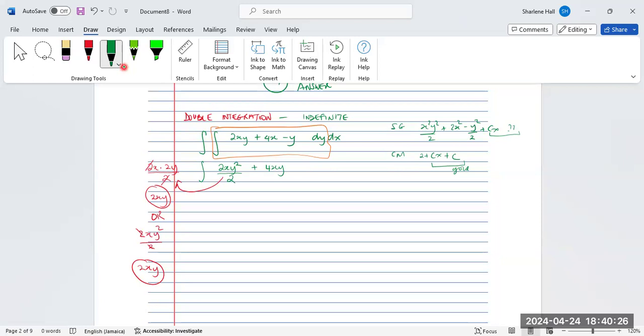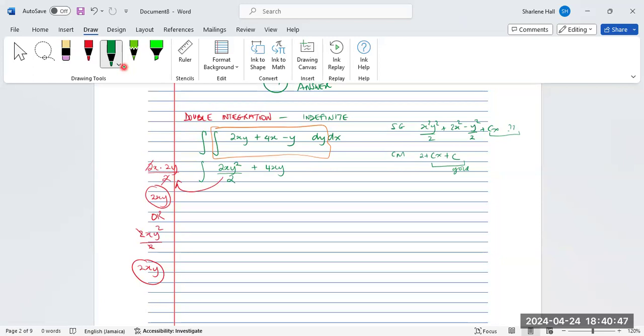When I'm integrating the multivariable function, when I'm integrating 4x, right, it's multivariable. So you have to think differently with multivariable than single variable. I forgot to say, I forgot the y.